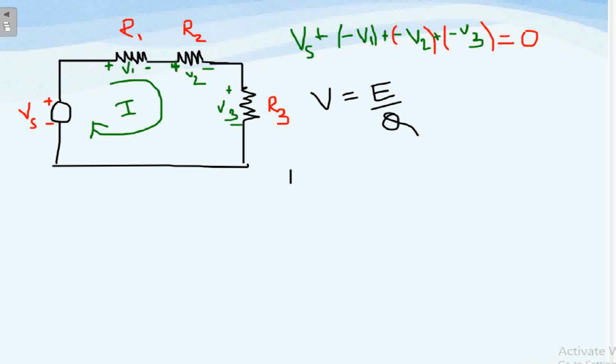So in the place of Vs we can write Es by Q. This totally can be written as Vs equal to V1 plus V2 plus V3.